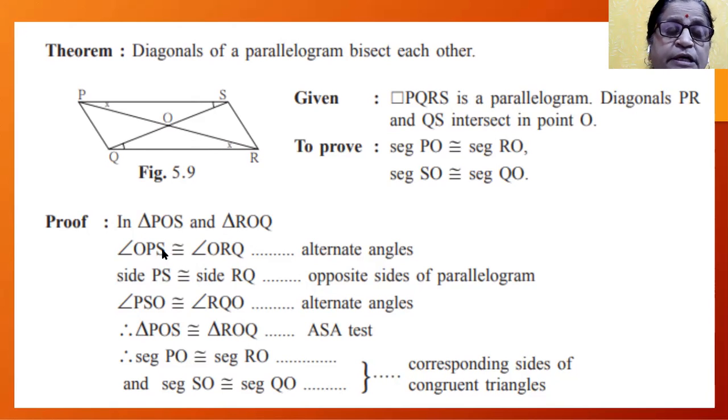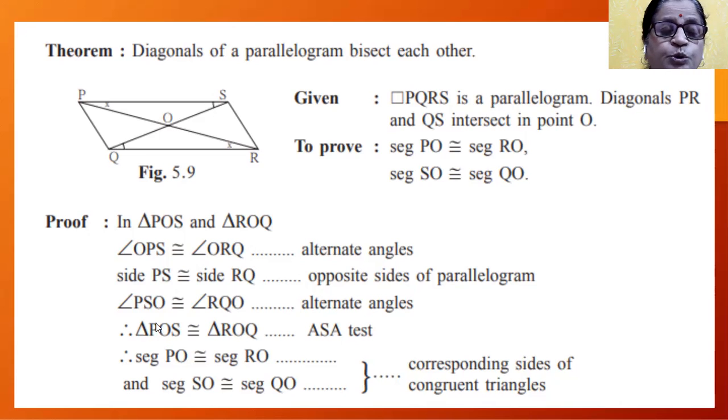So from these two triangles, angle OPS is congruent to angle ORQ, alternate angles, and side PS is congruent to side RQ, opposite sides of the parallelogram, and angle PSO is congruent to angle RQO, alternate angles.